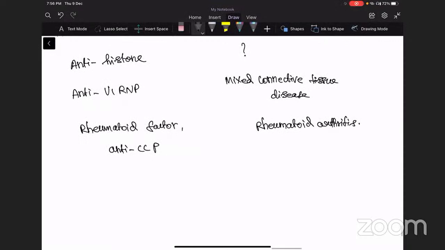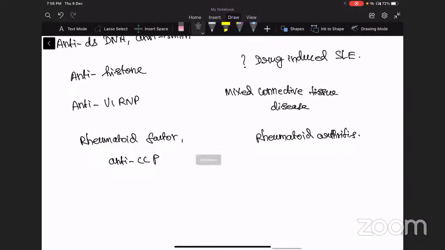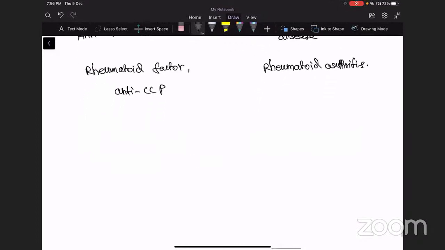Yes, anti-histone is seen in... Very good, Ashley Simon. Drug-induced SLE. Very good, correct. Anti-Ro, anti-La is seen in which syndrome?